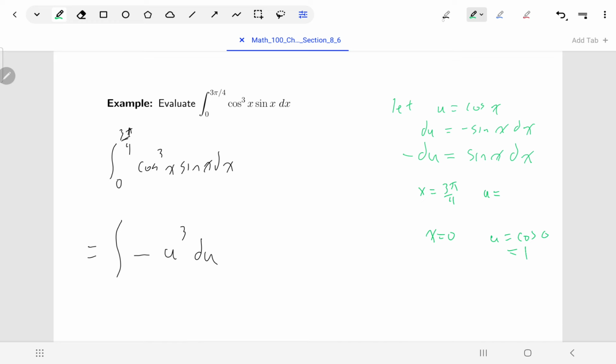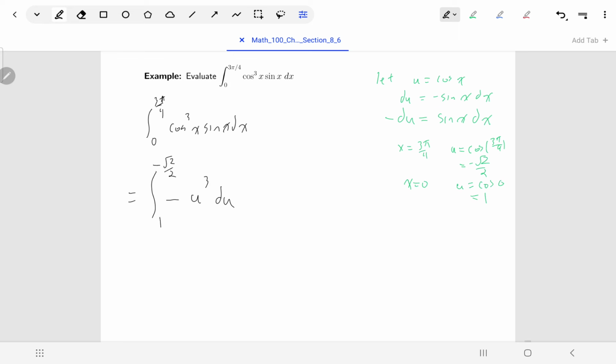So our lower limit of integration is 1. Our upper limit for x was 3 pi over 4. U is cosine of 3 pi over 4 then, which turns out to be negative root 2 over 2. So our upper limit of integration is negative root 2 over 2.